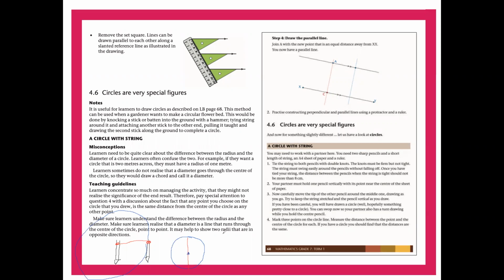A radius is from the center to the circumference. So a diameter should be double the length of your radius, because the radius is only from the center to the circumference, whereas a diameter goes from the outside through the center to the outside again, cutting the circle in half.